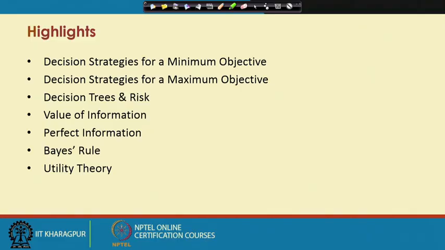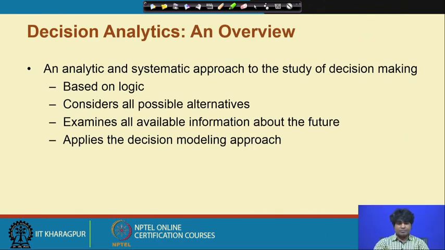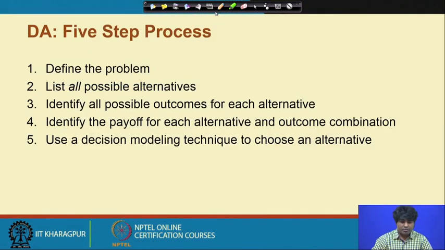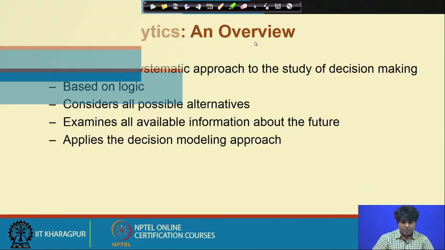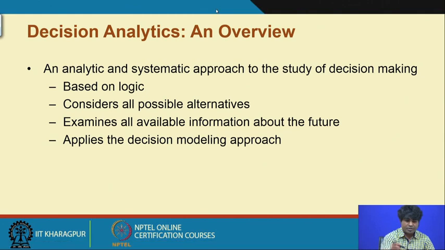And there are a couple of issues which you can highlight here in the case of decision analytics. First of all, what exactly is decision analytics? It is an analytic and systematic approach to study the process of decision making, and mostly it is based on a logical structure. Consider all possible alternatives, examine all the available information.